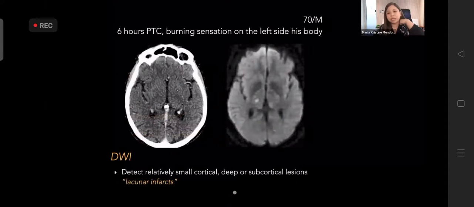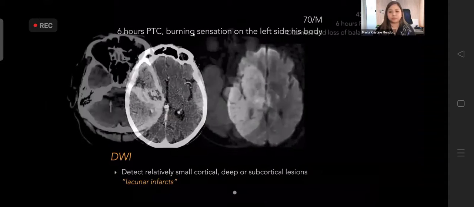Just an example, a normal looking CT scan on your left side, but on DWI, you can see a small bright signal focus on the right thalamus, which is actually an acute lacunar infarct.